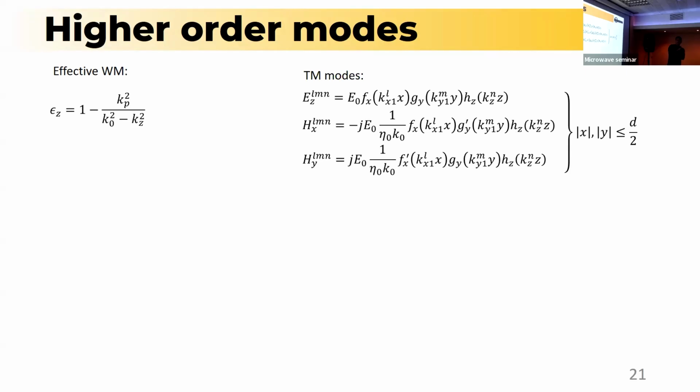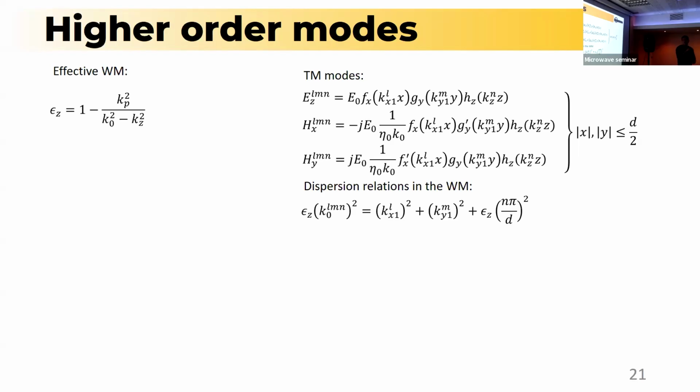Our fields will depend on 3 coefficients, L, M, N, indicating the nodes along the 3 spatial directions. These F, G, and H, basically, as we have the cube cavity, actually cube cavities, are indicating cosine or sine functions depending on the mode that we are targeting.